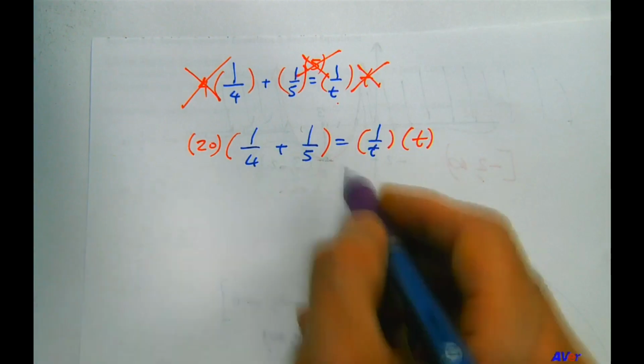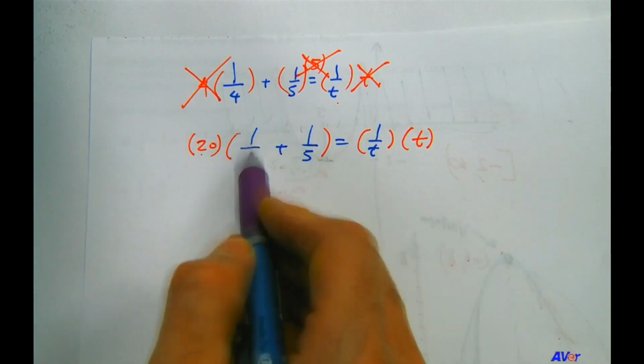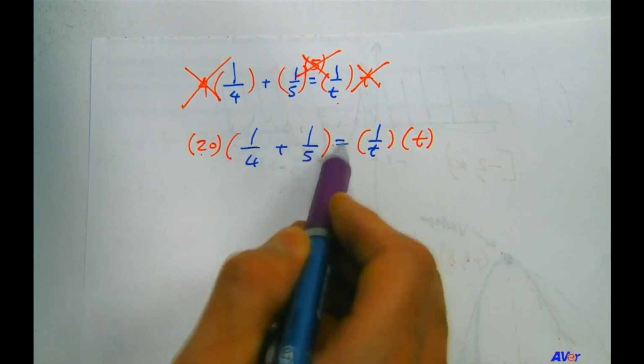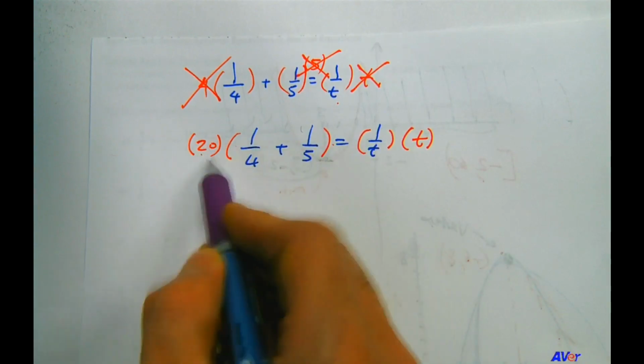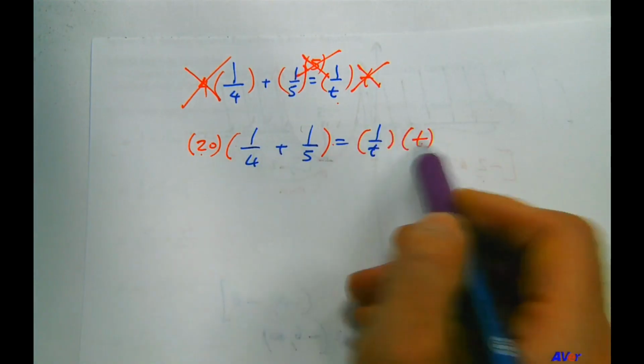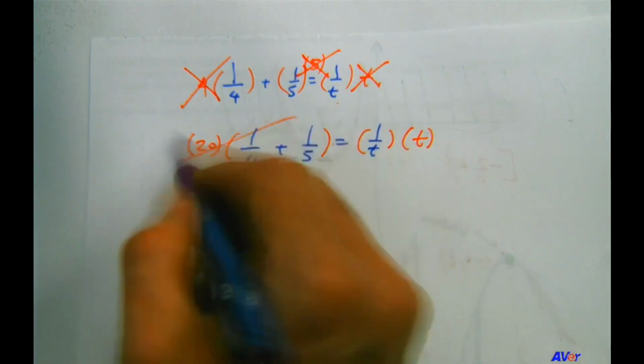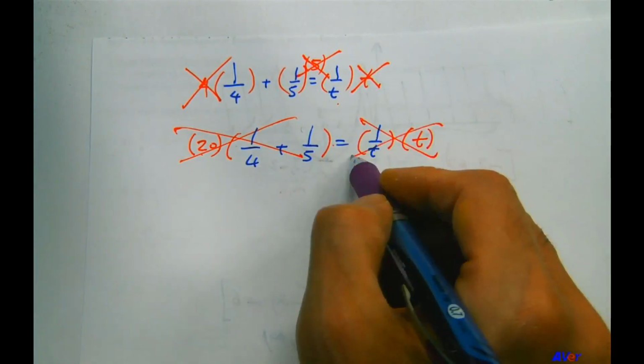Again, this is a wrong approach. Why? Because both sides of the equation are being multiplied by different things. This side is being multiplied by t, this side is multiplied by 20. That is not right.